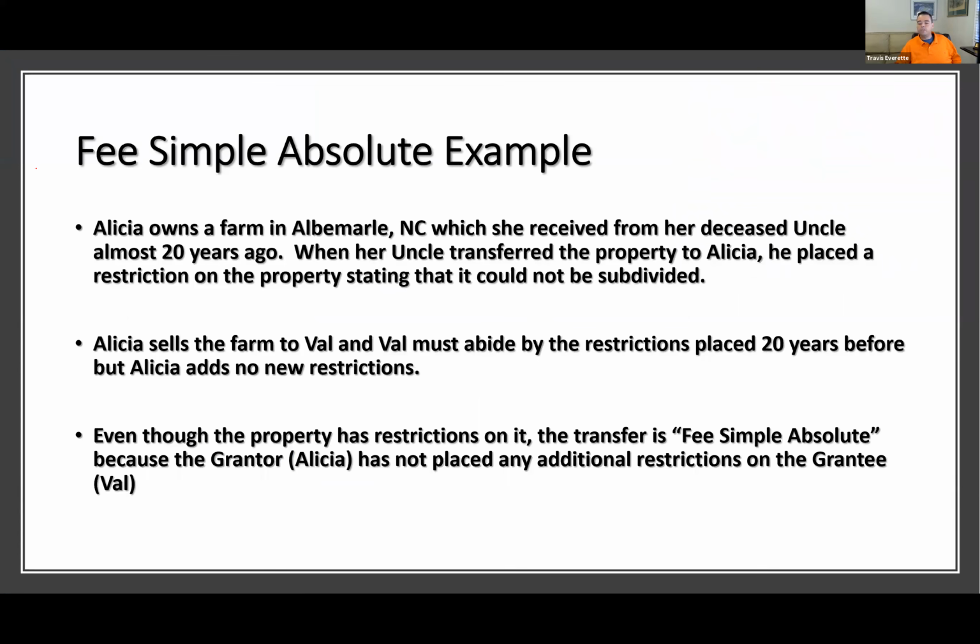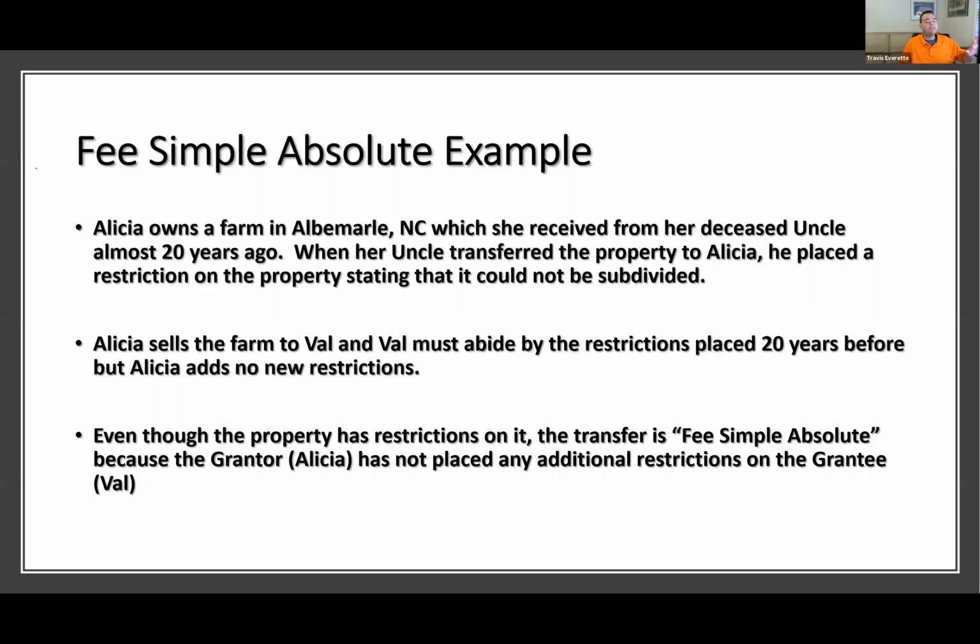Okay. So here's an example of fee simple absolute they may give you on the test that would throw people off. It says Alicia owns a farm in Albemarle, North Carolina, which she received from her deceased uncle almost 20 years ago. When her uncle transferred the property to Alicia, he placed a restriction on the property stating that it could not be subdivided.